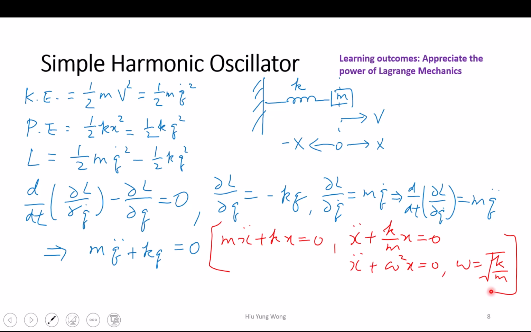If you still remember, if you took the simple harmonic oscillator, this is the equation of motion. You see that this is so easy. But more importantly, this is very mechanical. If you come up with a system that you don't understand, and I tell you this is the generalized coordinate and that is the generalized velocity, you will be able to come up with the equation of motion for that system.